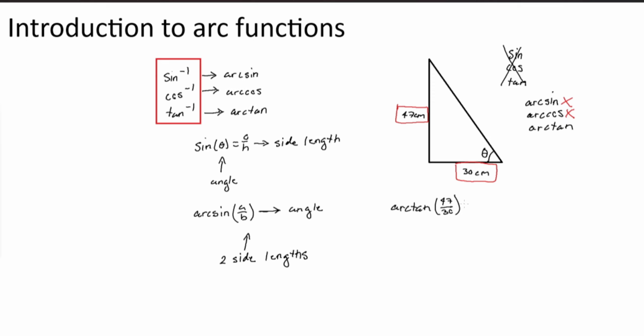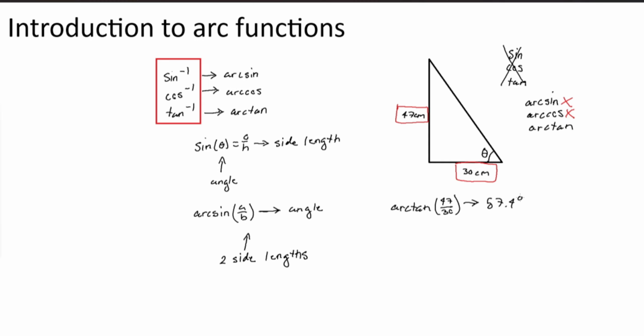This is going to return our angle. So we do second tan negative 1 of 47 over 30, and our angle is approximately 57.4 degrees.